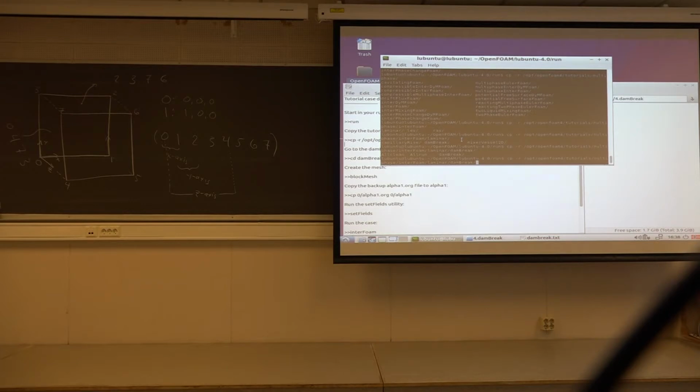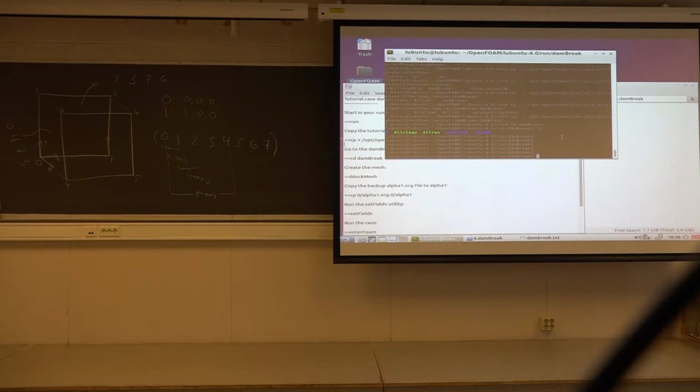And then another dam break. Change directory to dam break. So here you have the entire case for a dam that should break.